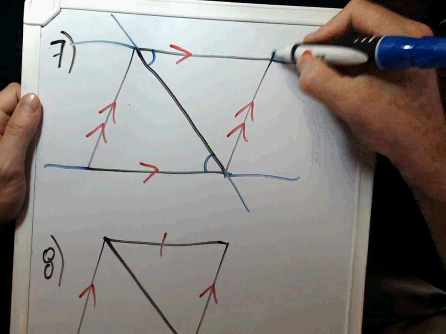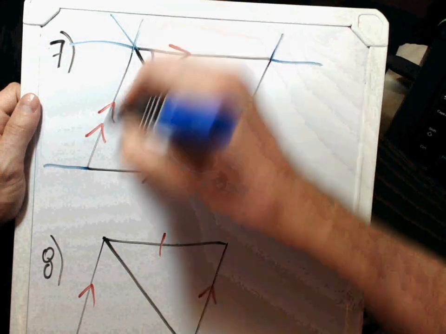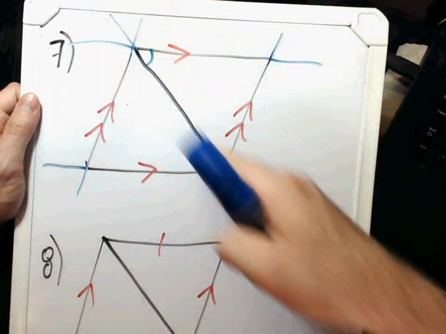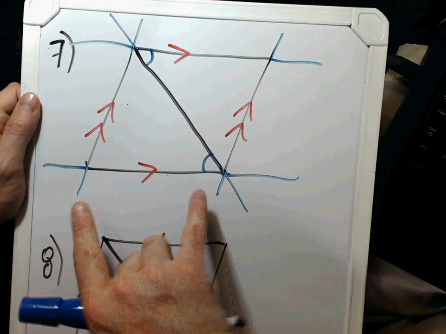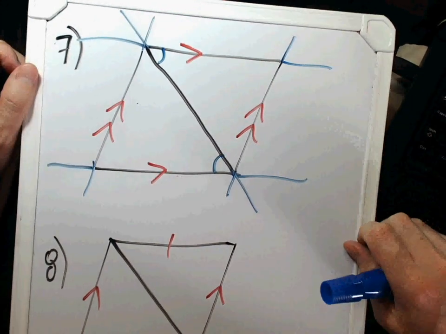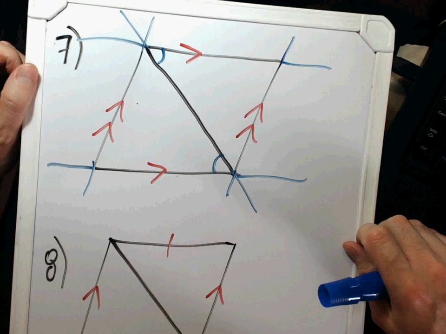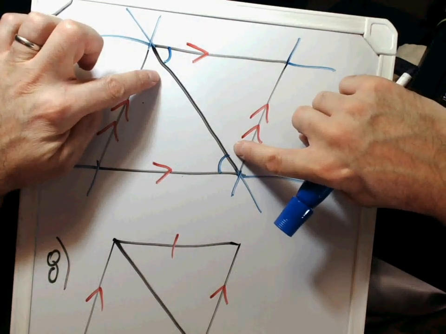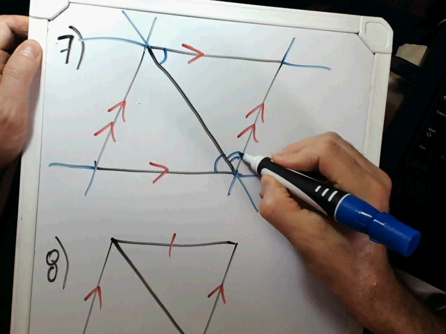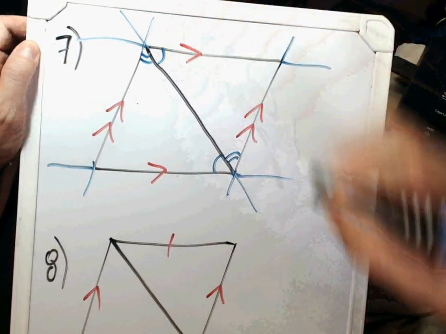And in the same way, if we extend these parallel lines, now this transversal cuts through these parallel lines. So, do you see the other pair of alternate interior angles? This and this. So this angle is congruent with this angle.